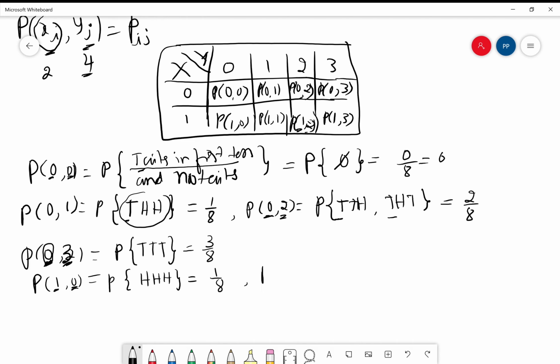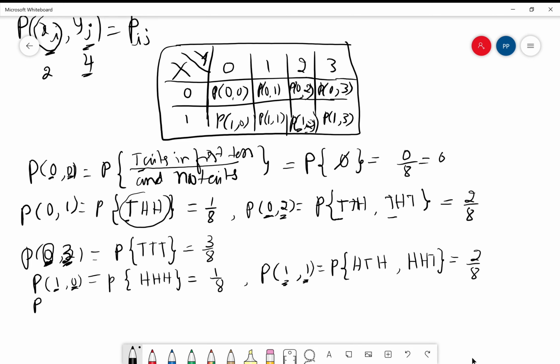Next, P of 1 comma 1 equals the probability of heads in the first toss and total number of tails equals 1, that is HTH and HHT. There are two outcomes satisfying this condition. Its probability becomes 2 by 8.